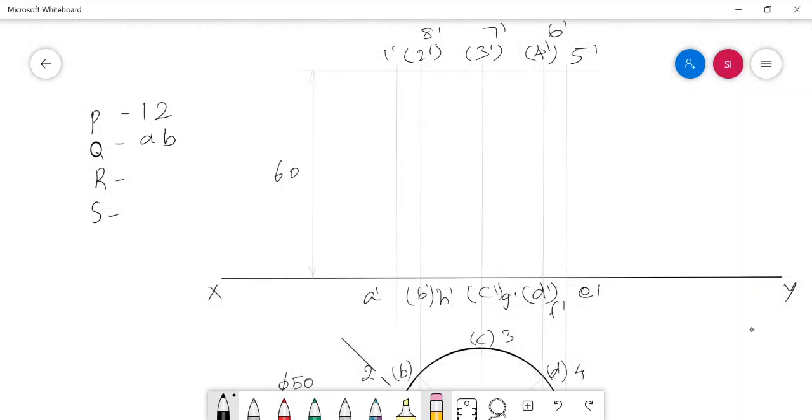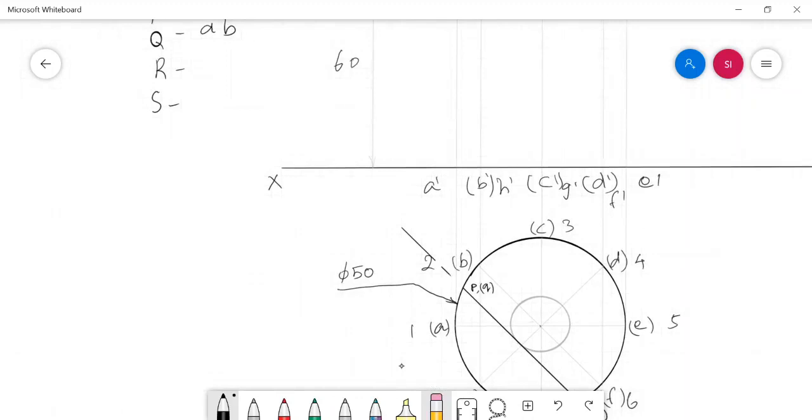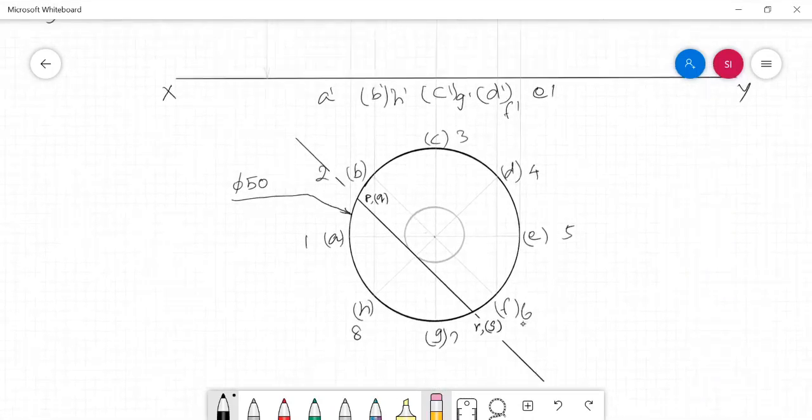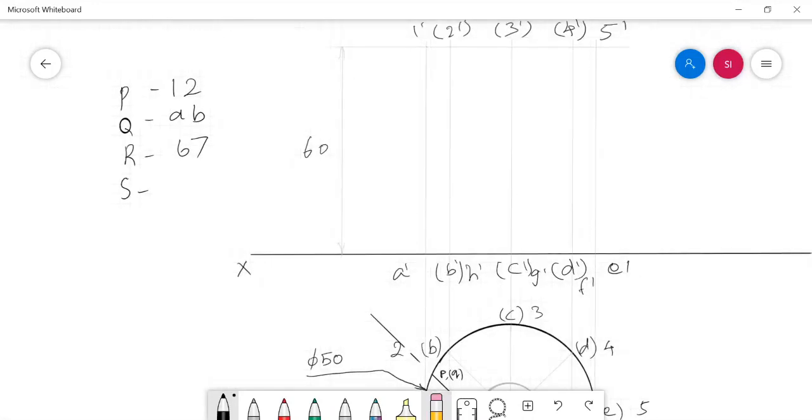In the same way, the cut points R and S: R goes to the 6 7 piece, and S goes to FG.